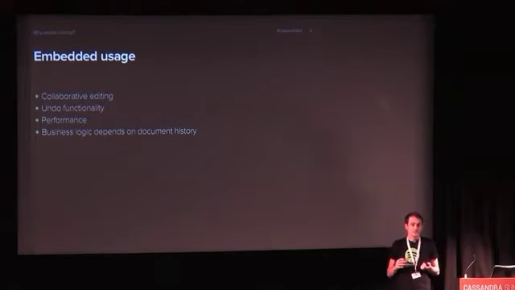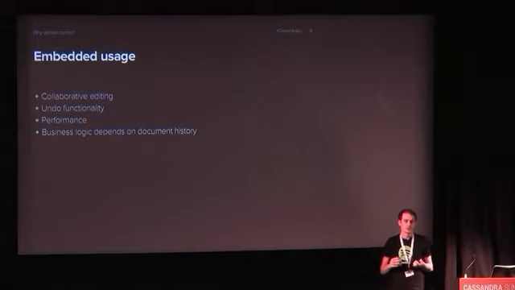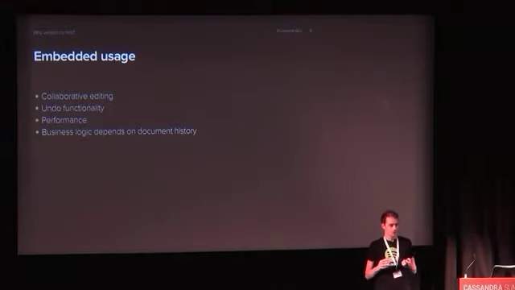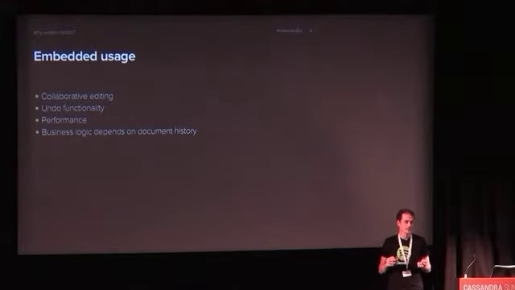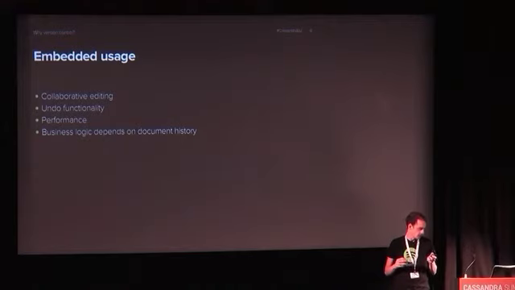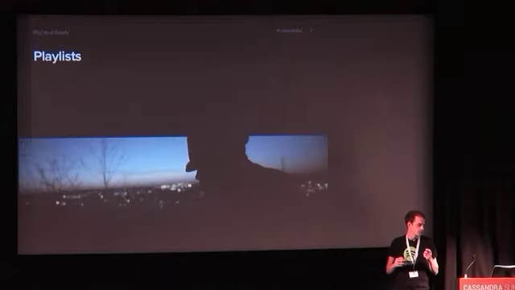Another reason could be that you have business logic that depends on the history of the document, and that depends on your business. Notice that when I say document here, I really mean any kind of object that mutates over time. It could, for instance, be a shopping cart, which is quite a short-lived object. Or it could be, as I will talk about today, playlists, which is another kind of document that mutates over time. Which brings us over to the Spotify universe. So, playlists.